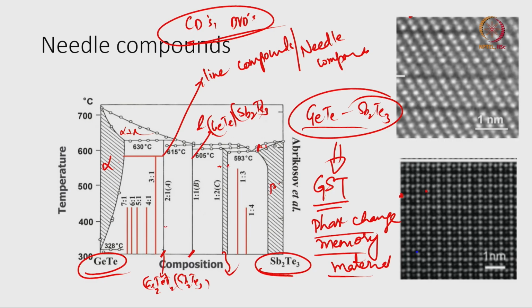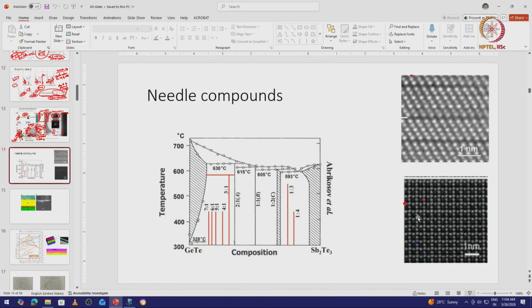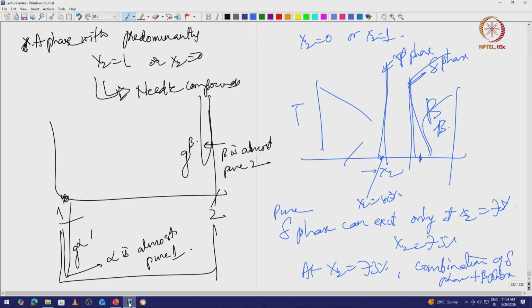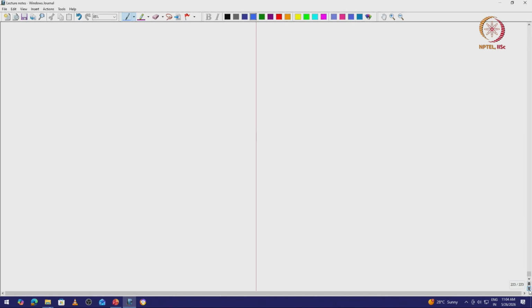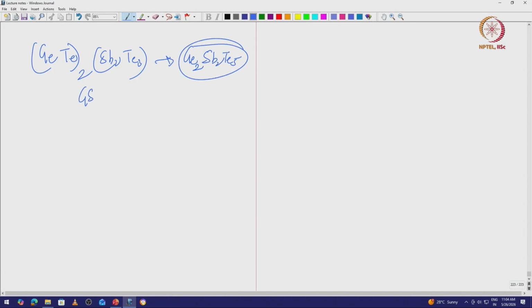So, all these are what are called line compounds. So, what are the line compounds we have in the GeTe Sb2Te3 phase diagram? We have a line compound which is 2 GeTe Sb2Te3, that if I write it completely, is Ge2Sb2Te5, and this is what is called GST225.